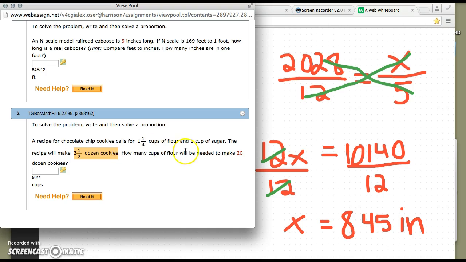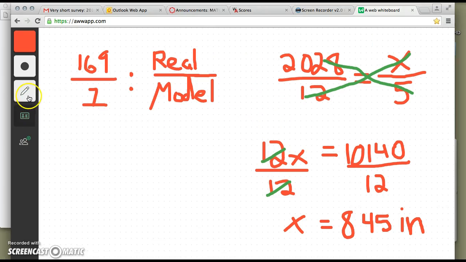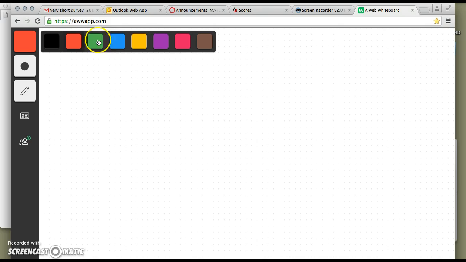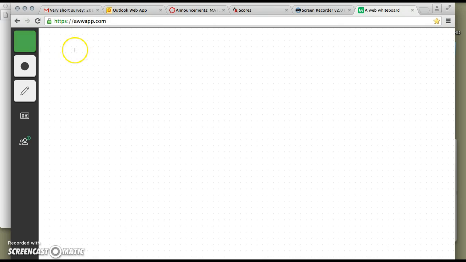All right, so that is important to know. In other words, what we can say here is that we can make some ratios comparing the flour to the cookies.